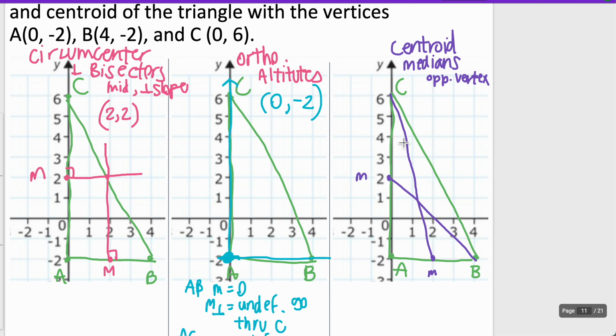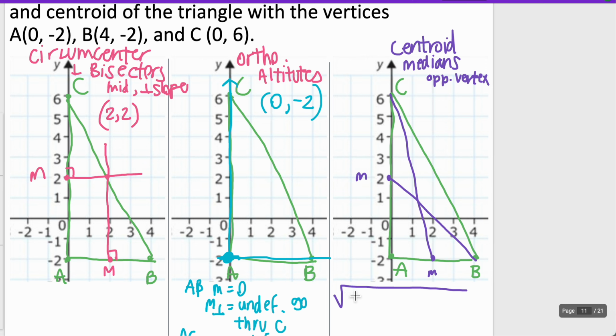And then the last one, CB, you just have to find the distance between C and B. So we would take that distance formula and do our x2 minus x1 squared plus y2 minus y1 squared.